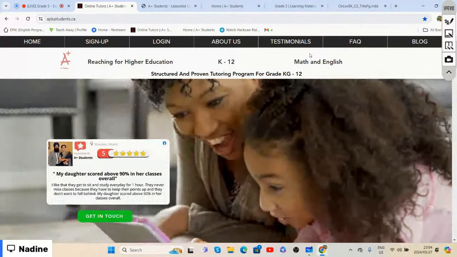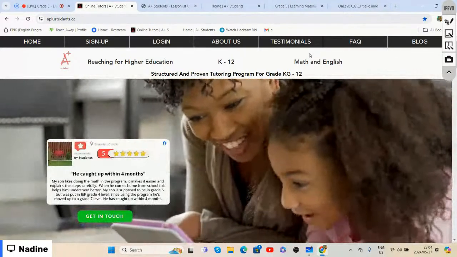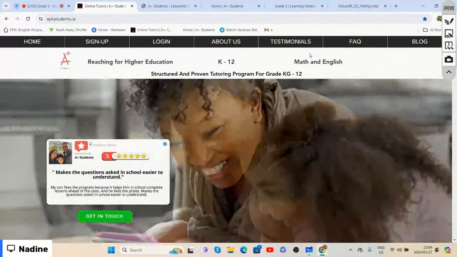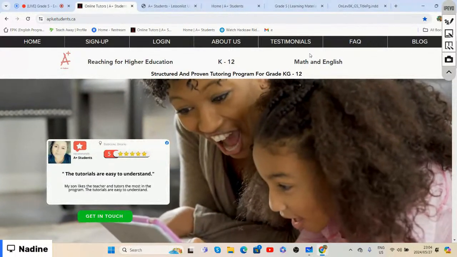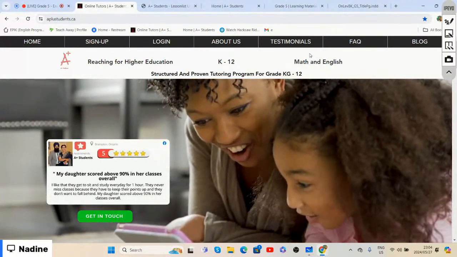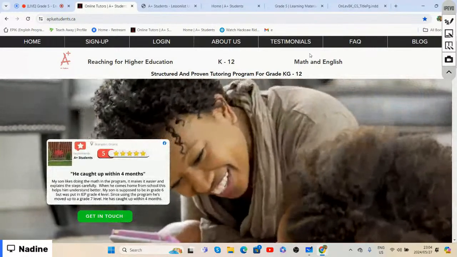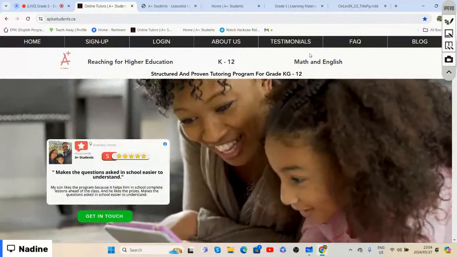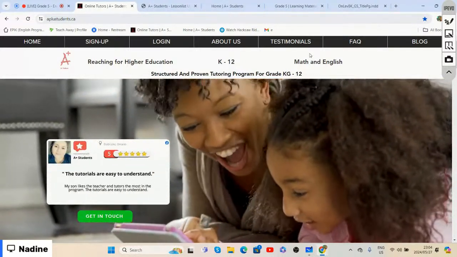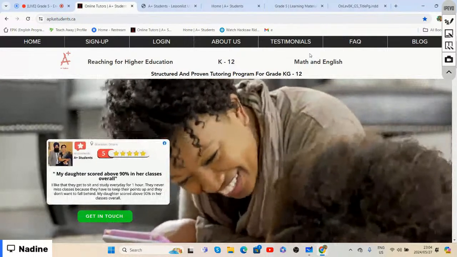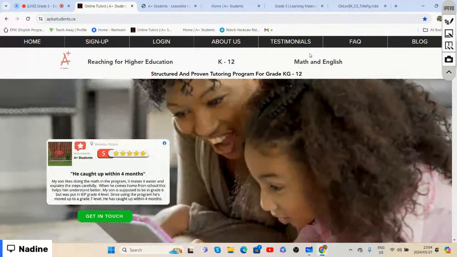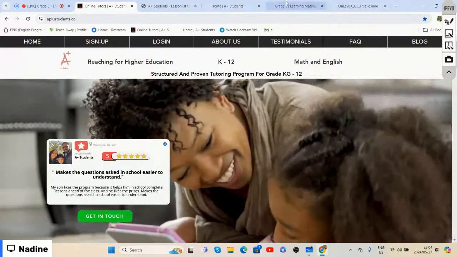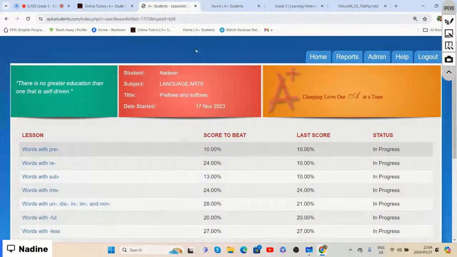Once you've logged on with our username as well as our password, we're going to select the subject of English Language Arts, Grade 5. And then we're going to scroll down until we get to the chapter of prefixes and suffixes.